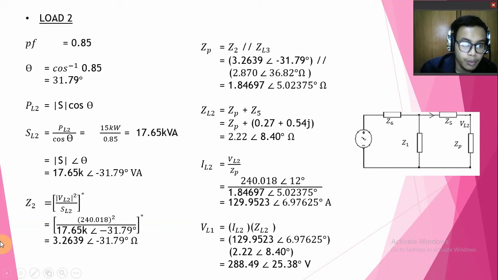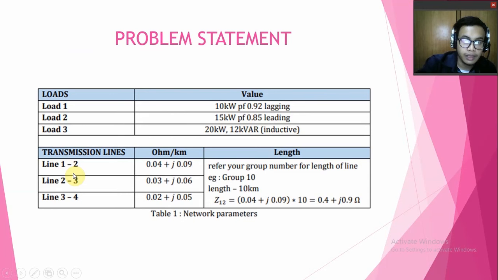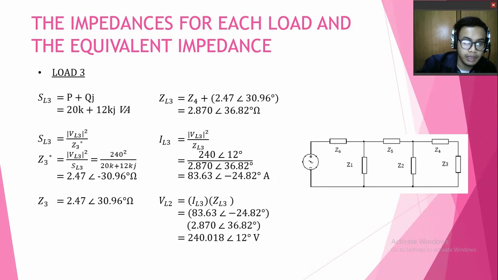So we divide the 15 kVA by the power factor 0.85 and we will get the real power at load 2, 17.85 kVA. So we must write the answer like this: 17.85k angle negative 31.79 VA. The negative sign is because the load 2 is leading, so it is negative.